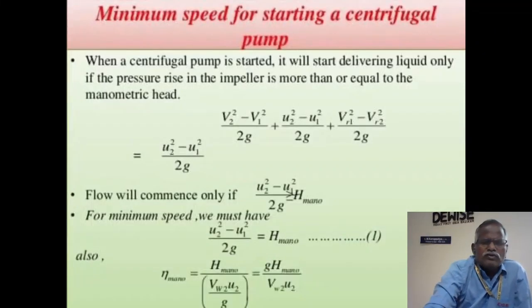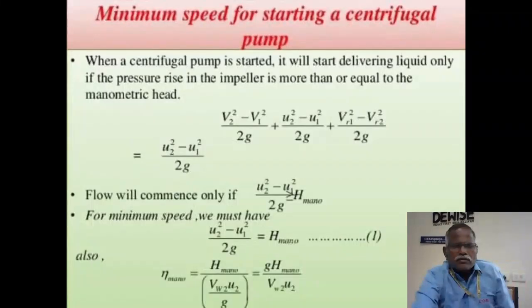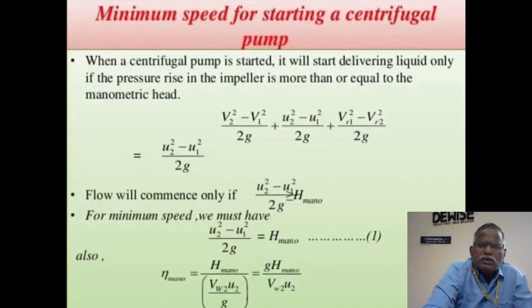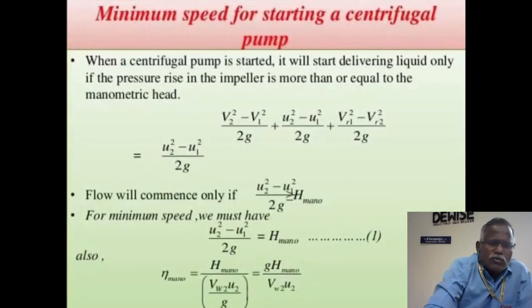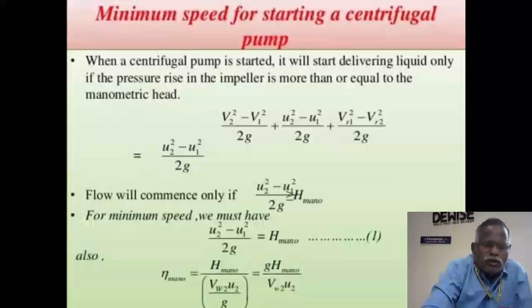(V2 square minus V1 square) divided by 2g, plus (U2 square minus U1 square) by 2g, plus (VR1 square minus VR2 square) divided by 2g, is equal to (U2 square minus U1 square) divided by 2g. The flow will come only if the manometric head is this. For a minimum speed it is equal to this, and also the manometric head is called that.